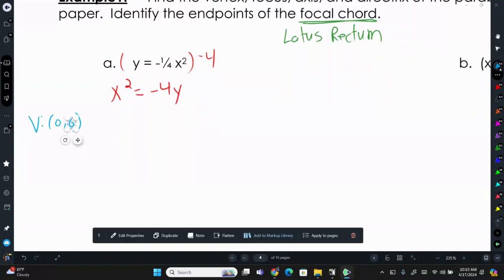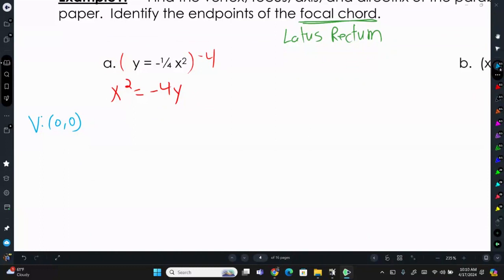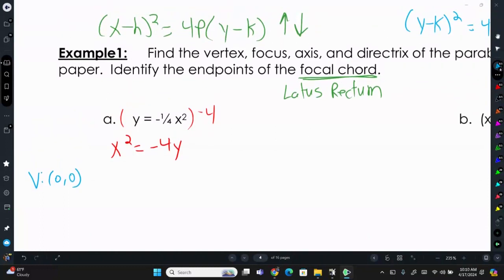Now, to get our p value, that number in front of the variable to the first power is 4p. So this means negative 4 is equal to 4p. Divide both sides by 4. Negative 1 is equal to p.